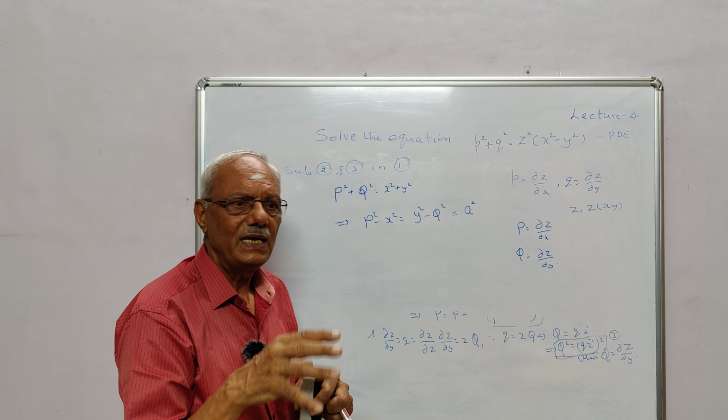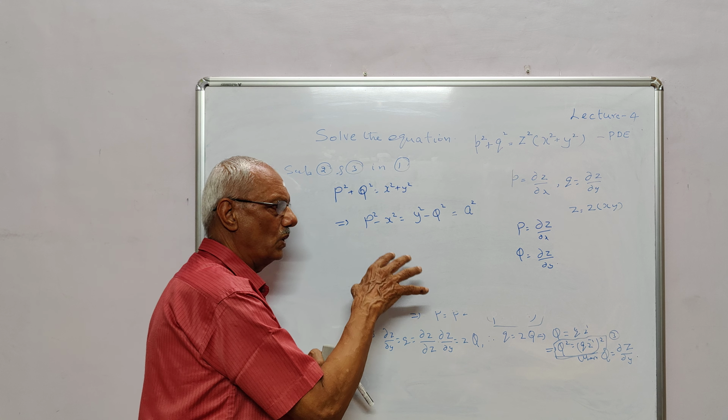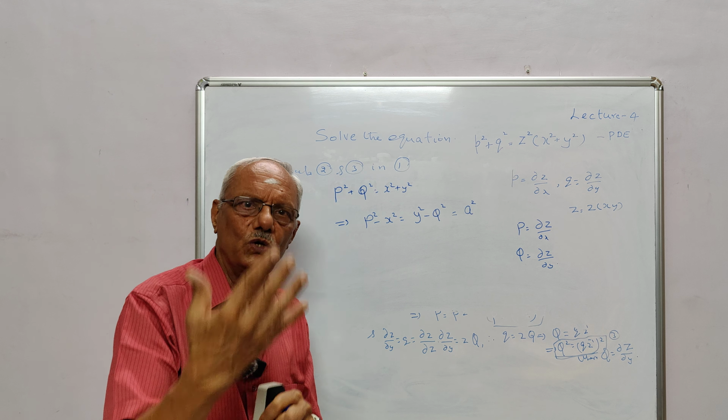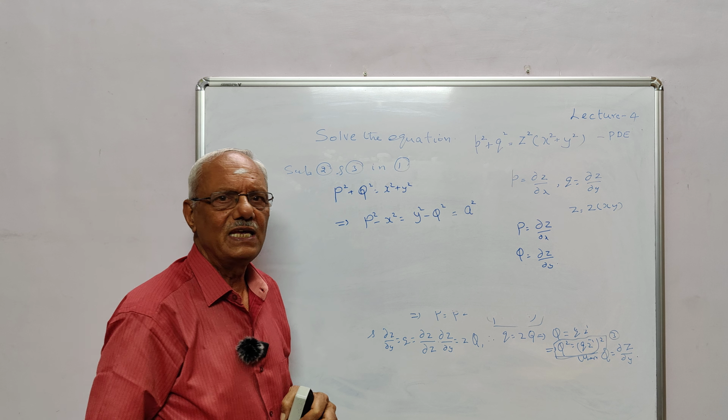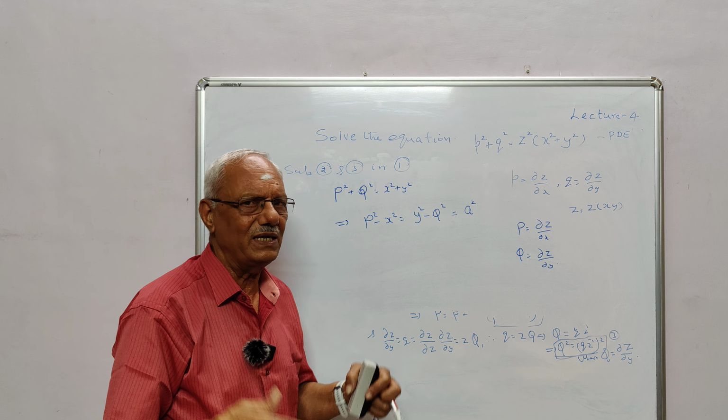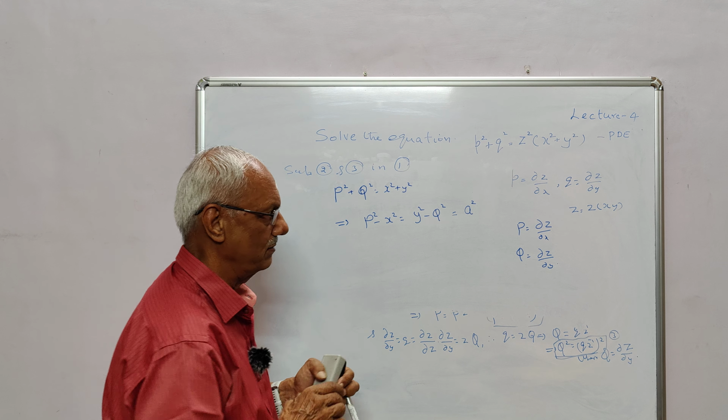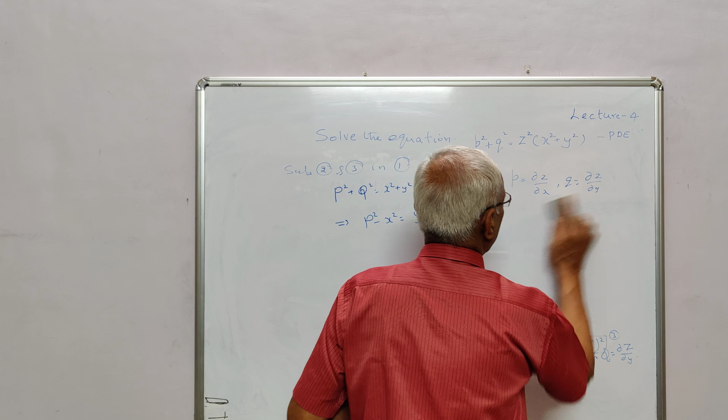That can happen only if they are equal to a common factor. So I am taking the common factor as A squared. You can take A or A squared, any constant. So here A is a constant.